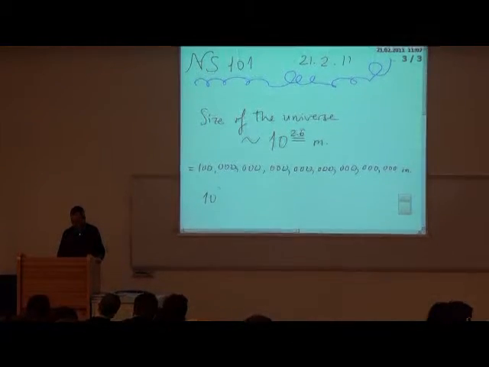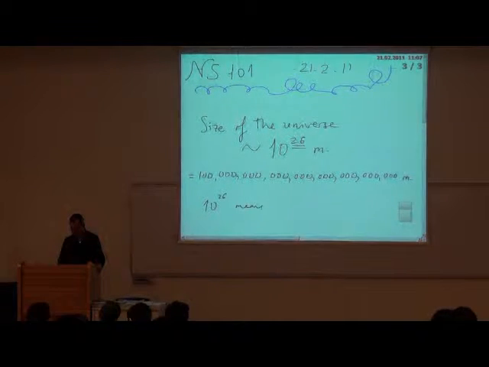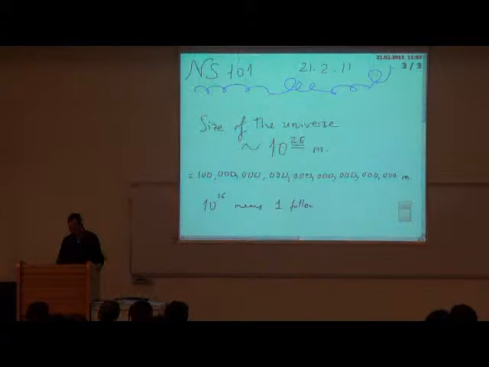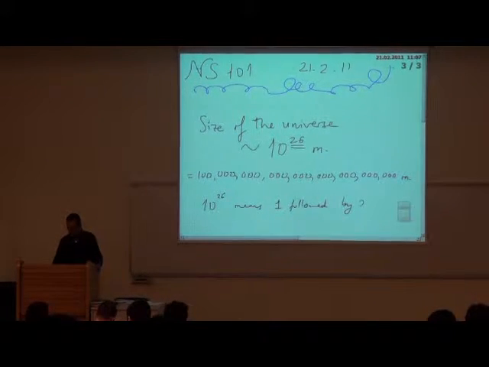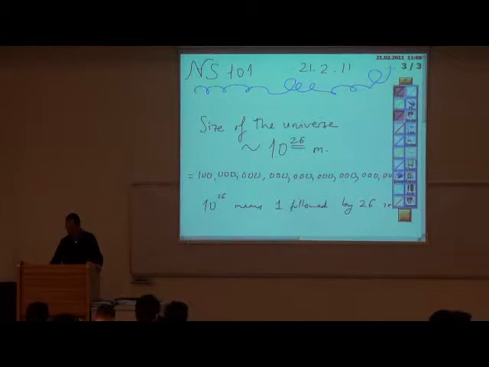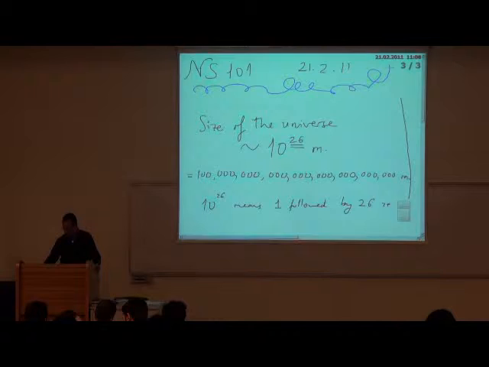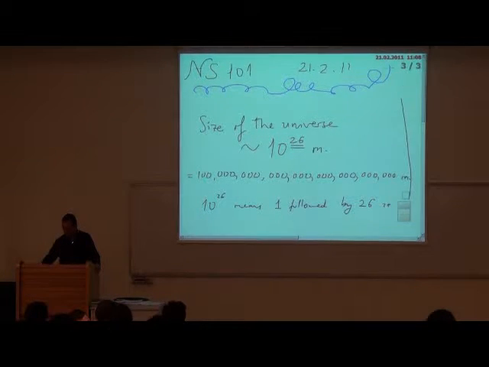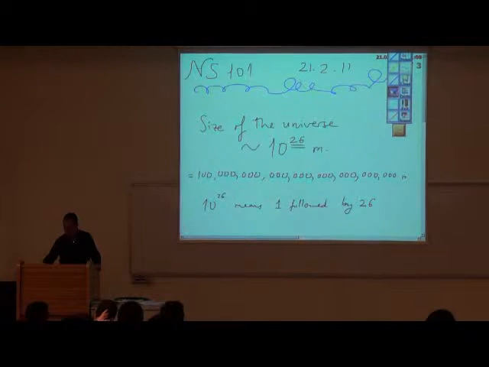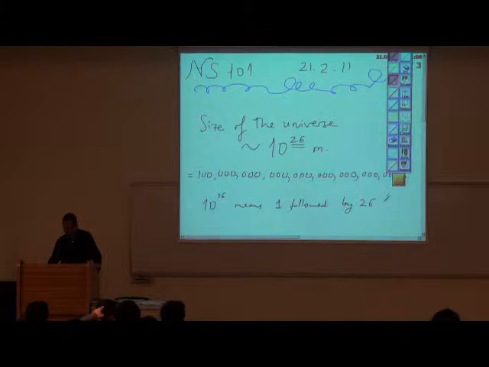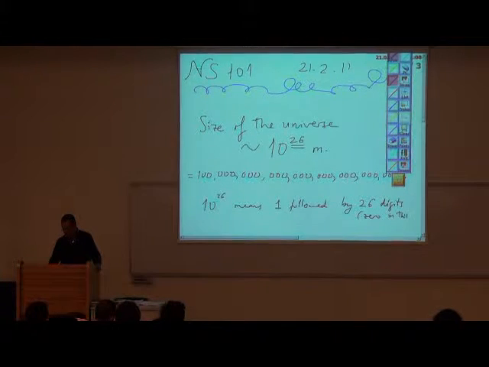So, by the way, 10 to the 26 means 1 followed by 26 digits, 0 in this case.